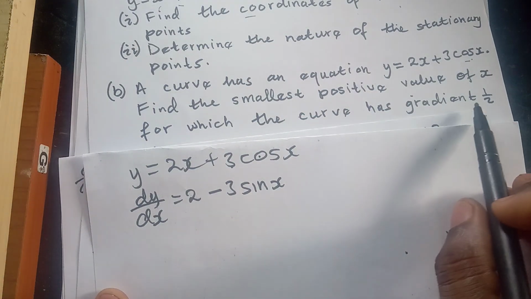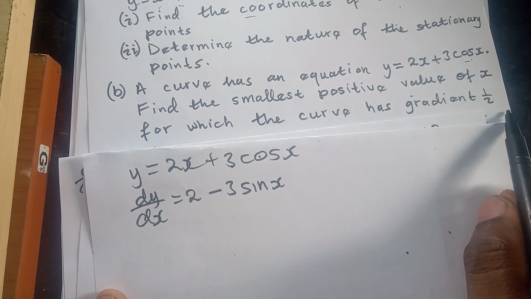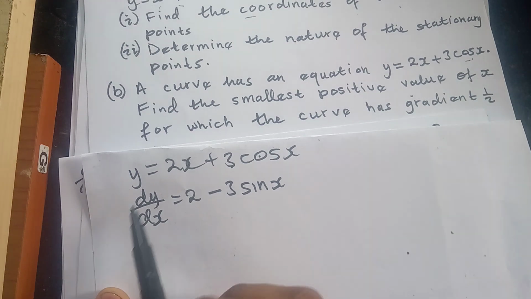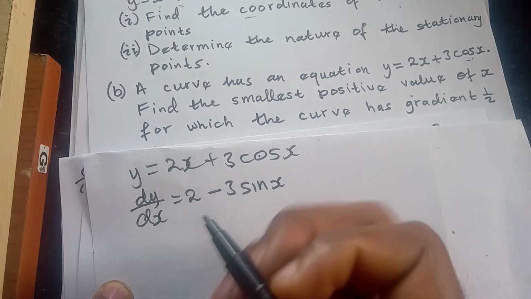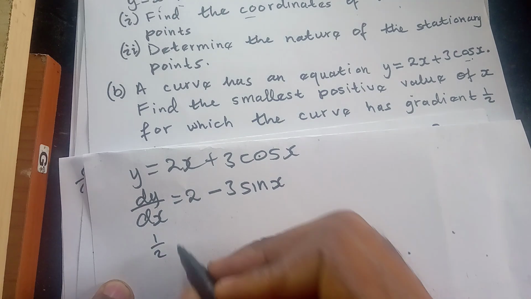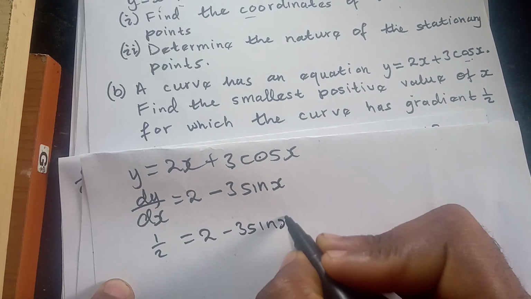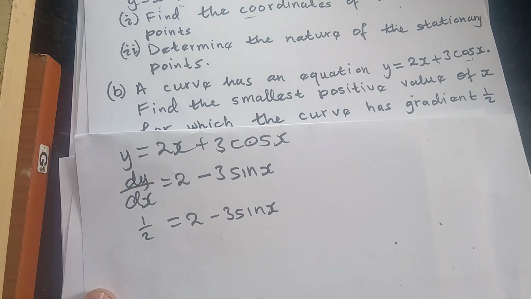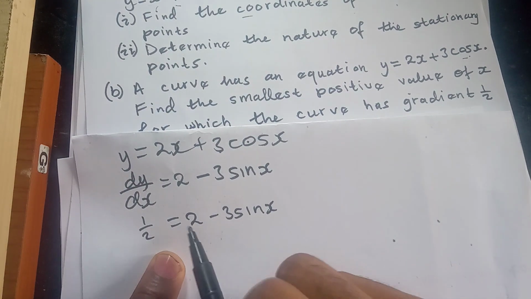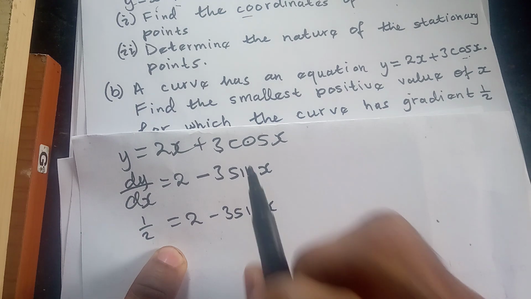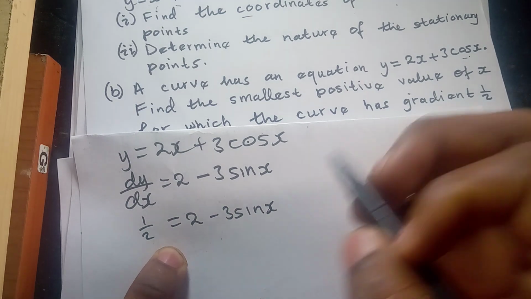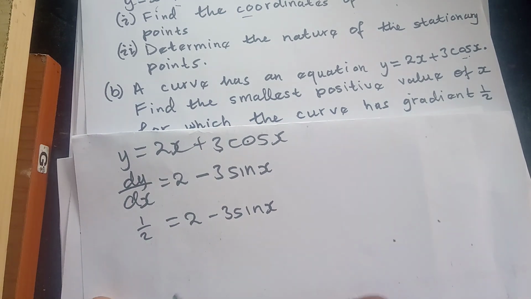And then the gradient is half. Remember the gradient is dy/dx. So where you have dy/dx, just put your half like this and then solve for x. And remember that when you are dealing with calculus, we don't use angles in degrees. Everything must be in radians.